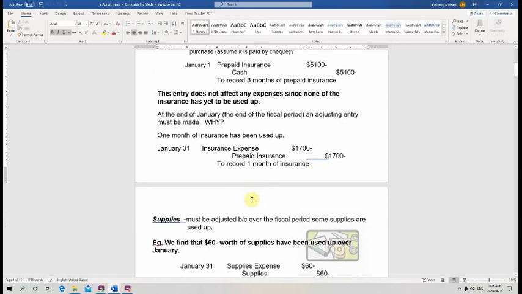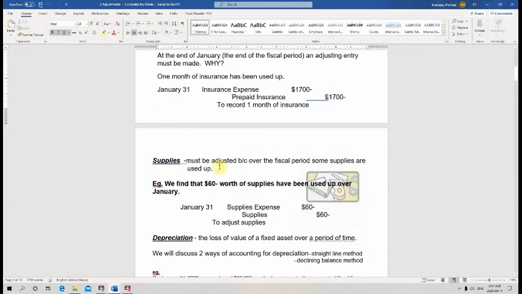Next one is supplies, and we went over an example. Now, supplies have to be adjusted because some of the supplies are used up. So let's assume that we find that $60 worth of supplies have been used up over January. So at the end of January, we have to make an adjustment.